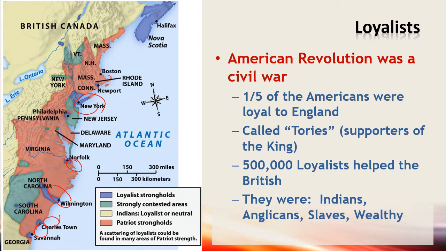And that's not a surprise because that's where you're going to find more established wealthy folks, more established Anglicans. Canada does not choose to fight with America for freedom, nor do the British people in the Caribbean. So not every British person in the Americas is going to support independence.